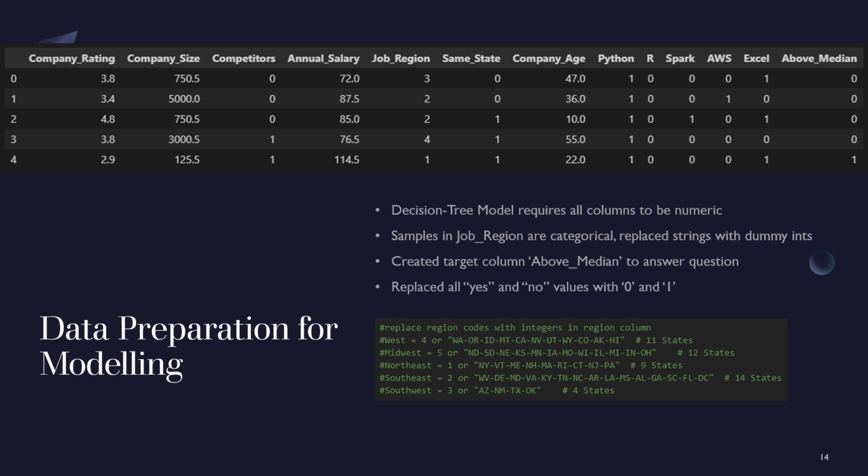So where before we were able to have categories, for instance, like job region, you have to replace those regions with values. If you just look at the nation and start from the Northeast, and that be your 1 o'clock, you can just go 1, 2, 3, 4, 5, and start circling back to the Midwest.